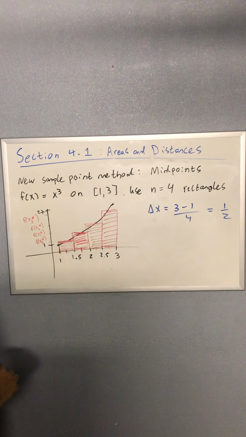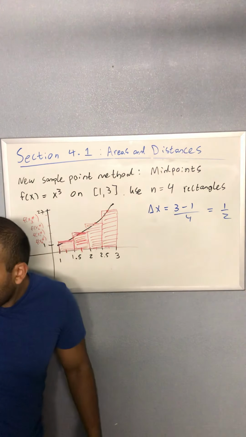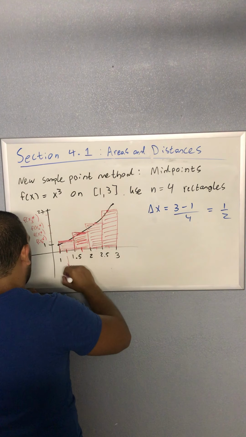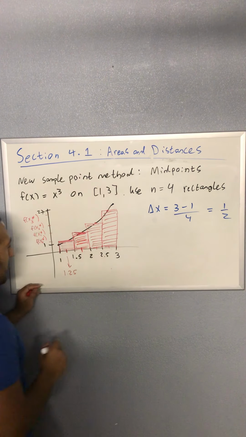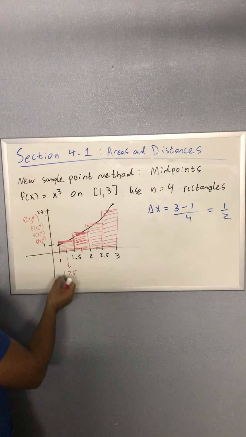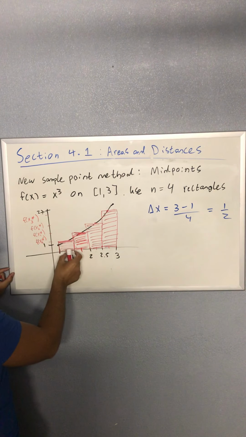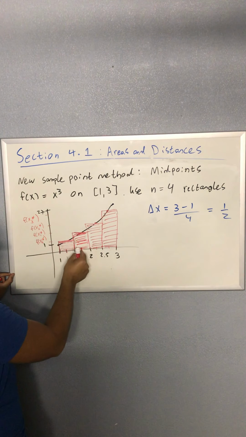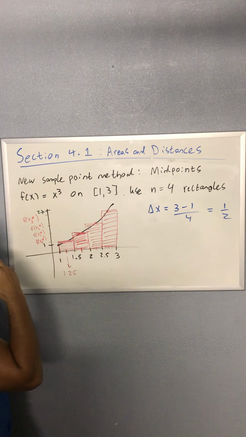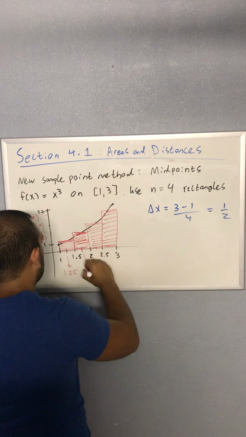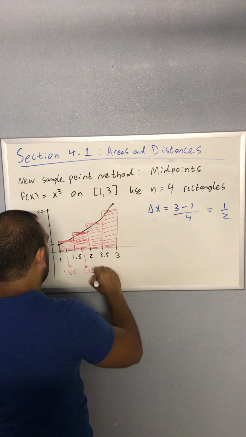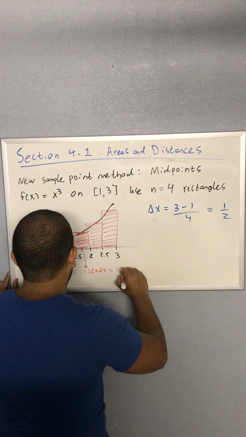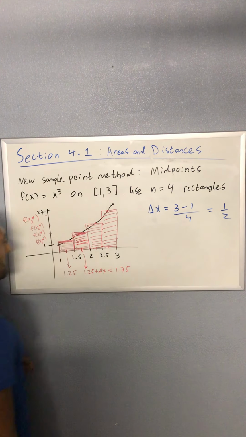A small note to help you with your calculations: remember that this was 1.25, right? If you add delta x to this, the width of the interval, you're going to jump to your next sample point very easily. So if you just take this and add delta x, this gives you the 1.75 that we needed.